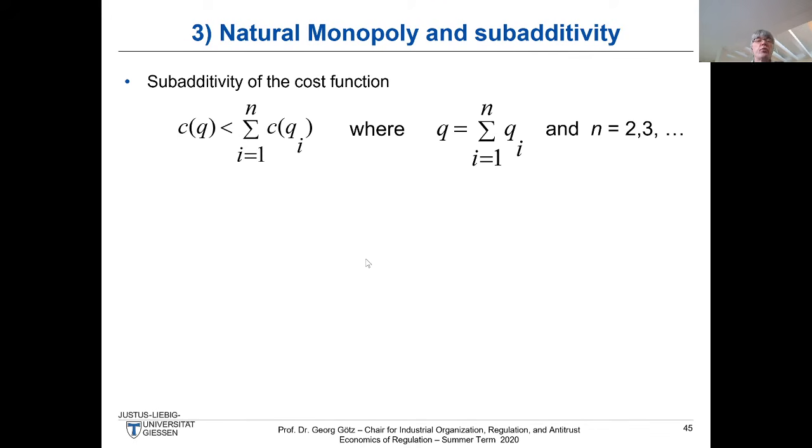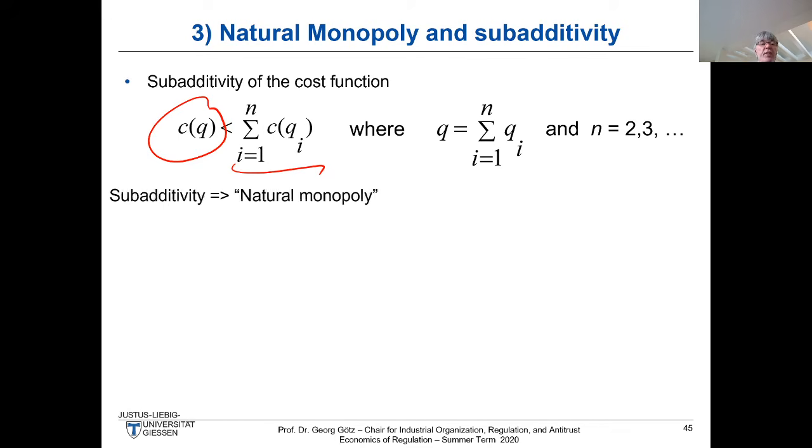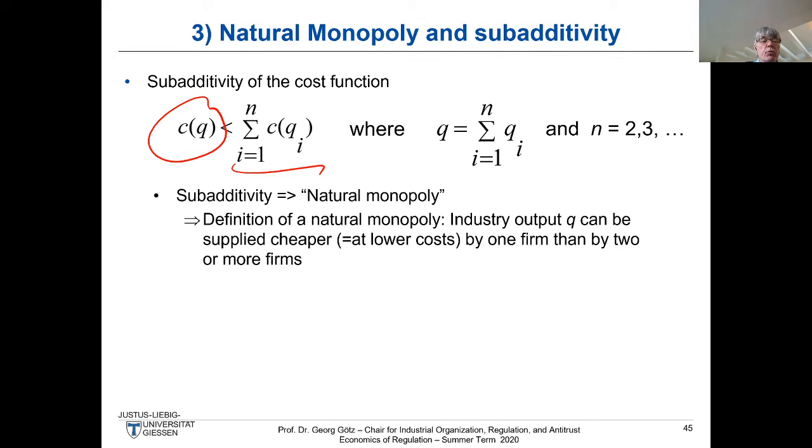I introduced subadditivity. Subadditivity simply is that the cost if I produce total industry output in one company is smaller than if I produce this in several, that is at least two or more companies. That's actually our technical definition of what is called a natural monopoly.